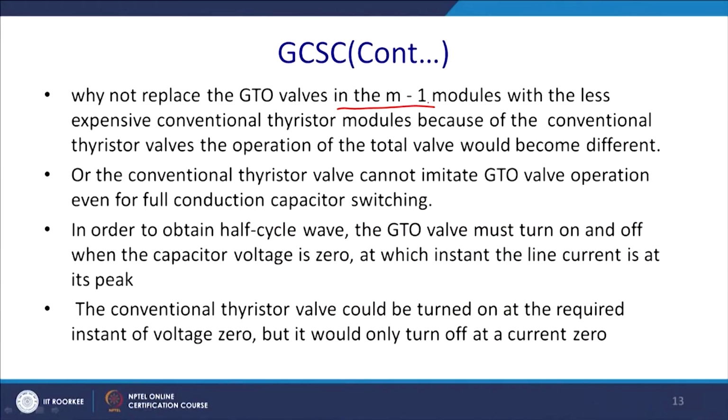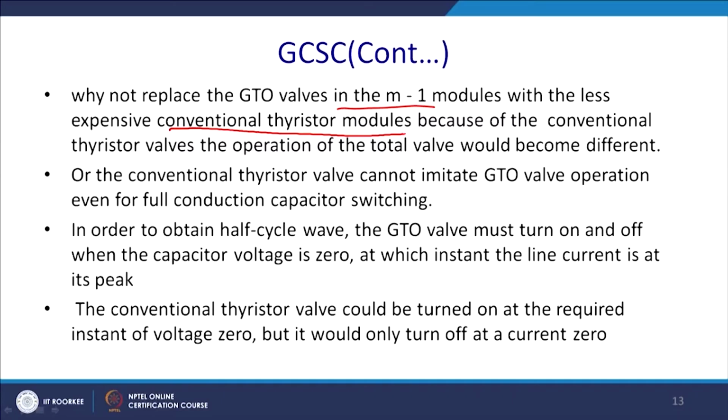So, what can we do then? Why not replace the GTO valve in the M-1 module with a less expensive thyristor module, because it is a current control device? Since you are turning off the GTO in series with the thyristor, no current will flow through the thyristor and the thyristor will automatically go off.